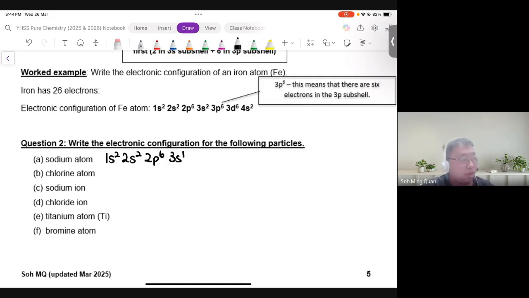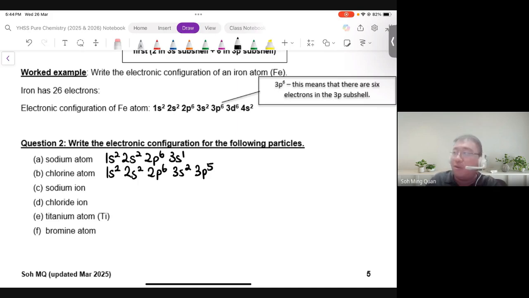Now let's do the chlorine atom. Check whether your answers are correct. So 1s2, 2s2, 2p6, 3s2, 3p5, which nicely maps to first shell 2, second shell 8, third shell 7, 2, 8, 7 for chlorine, right?